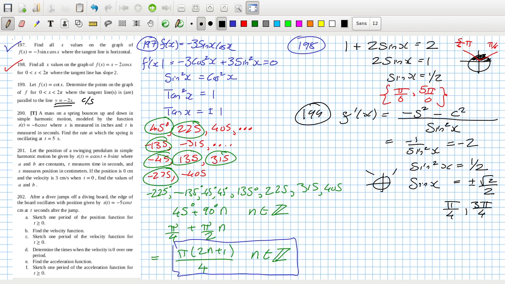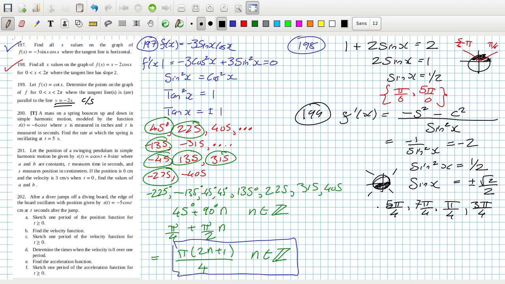And then for the negative answer, that would be minus pi over 4, which is here, and the second answer would be there, so 5 pi over 4. But we don't really want a negative answer because it's between 0 and 2 pi. So to flip that into a positive answer, it would be 7 pi over 4 to go around. So that looks like the 4 answers.